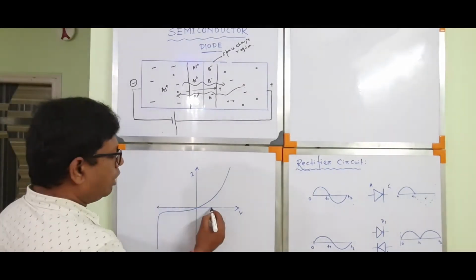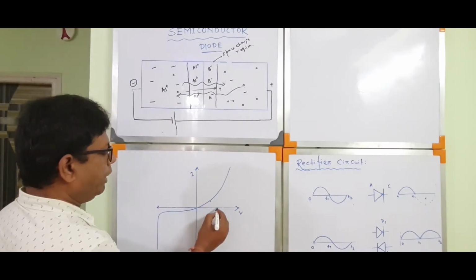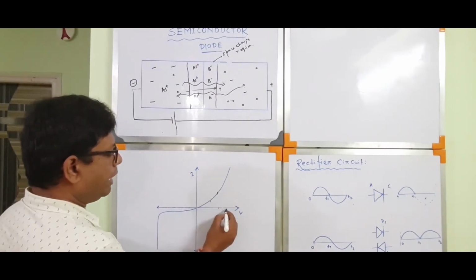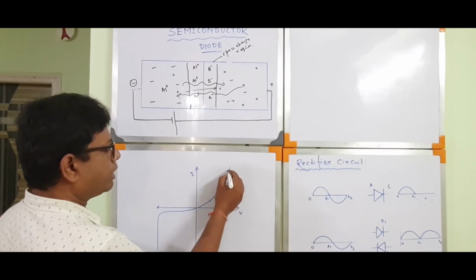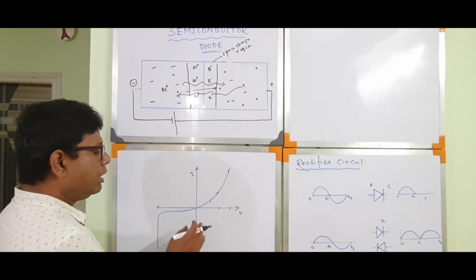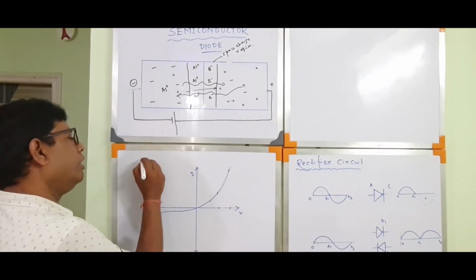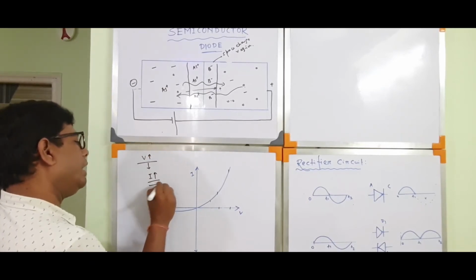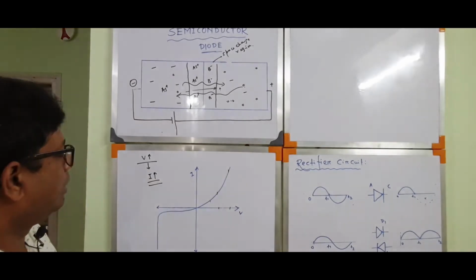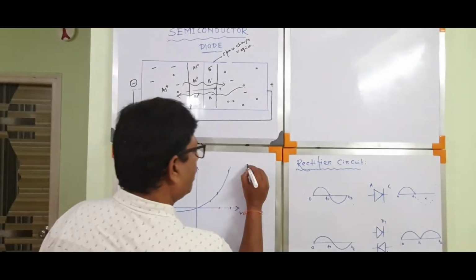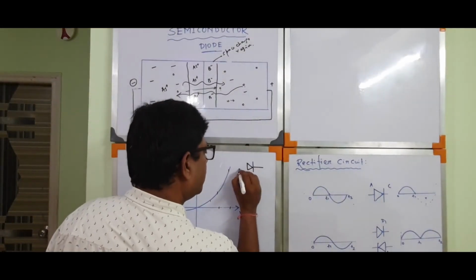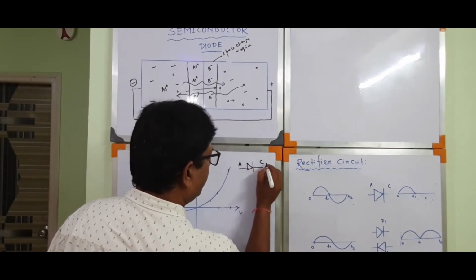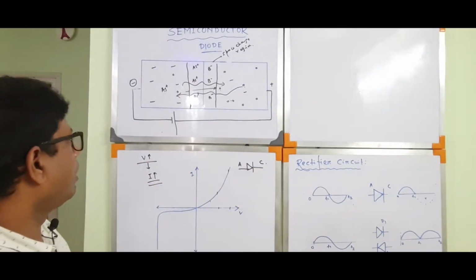If we enhance the level of voltage, the current level will increase. That means the current flowing through the circuit will be more, and the diode is in the on condition. Symbolically, a diode can be represented in this form. This terminal is called the anode and this terminal is called the cathode.